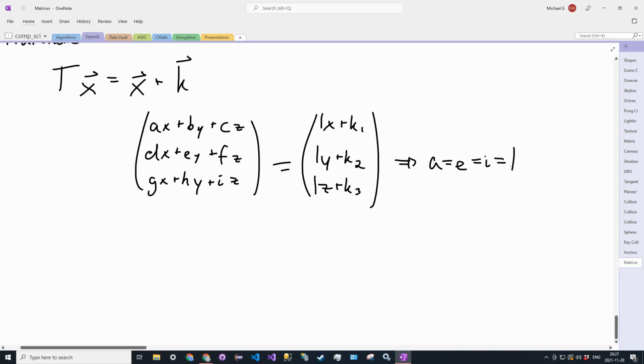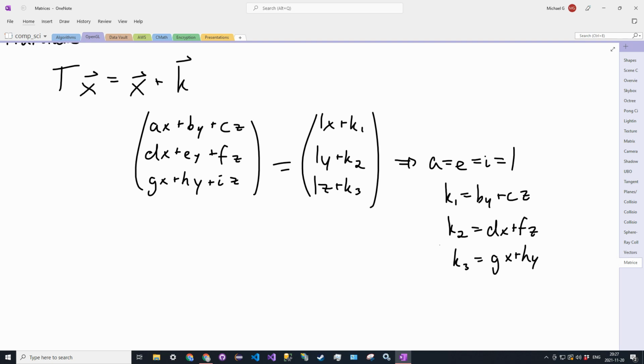But if we were to try and figure out k1 is equal to by plus cz, k2 is equal to dx plus fz, and k3 is equal to gx plus hy, well, there's just way too many constants in here. We have an underdetermined system and it doesn't work out.